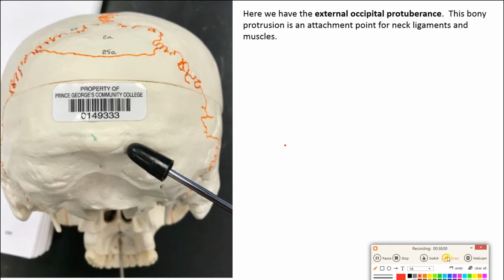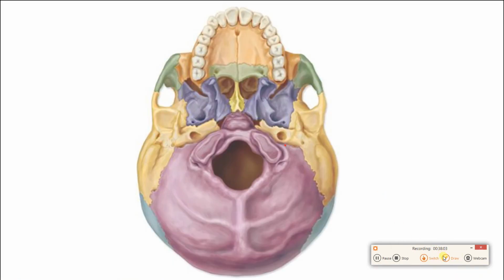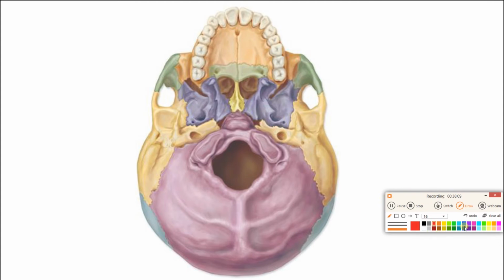Let's keep going. Let's look at an inferior view of our skull. Look at that beautiful purple occipital bone right there. This whole thing is the occipital bone. And what I want you to notice, of course, is the big hole in it. You know the name of that big hole. You met that.